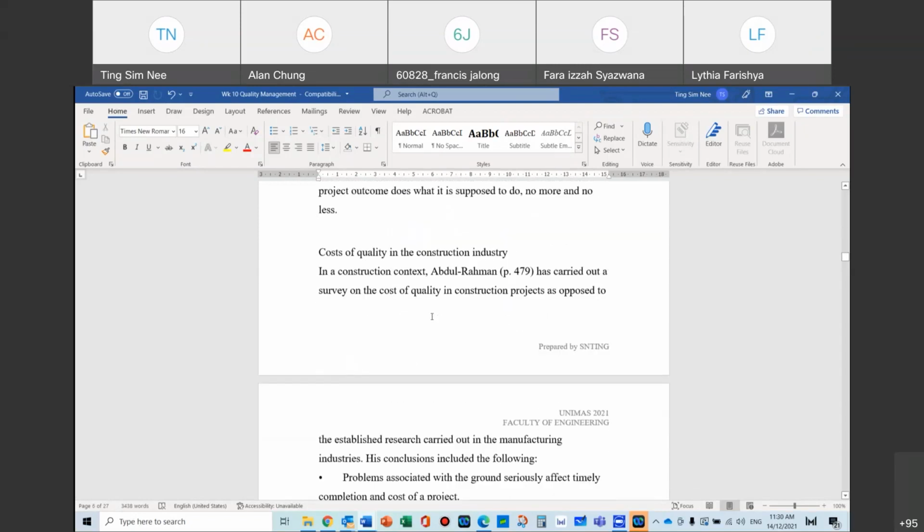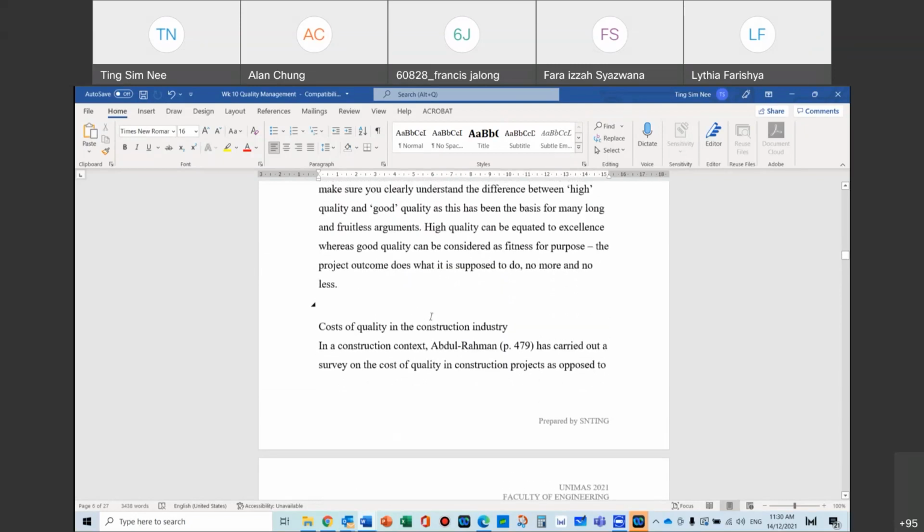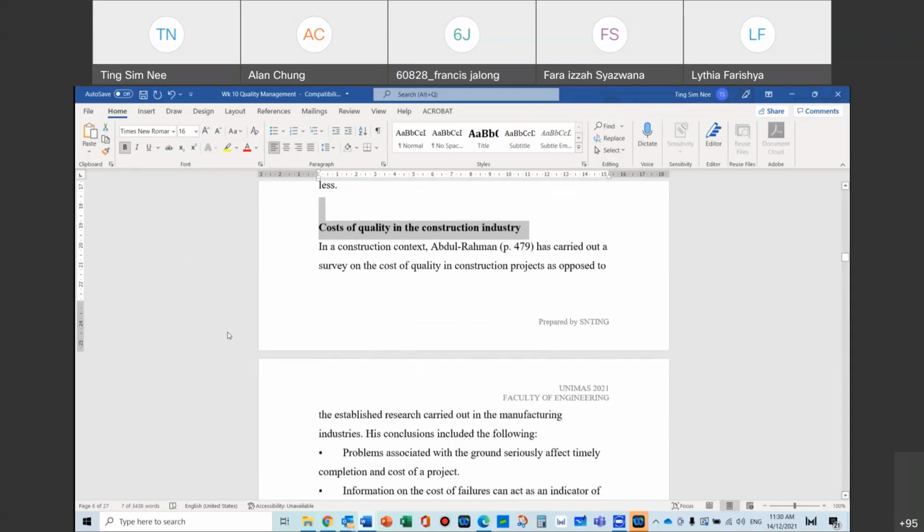So once you get that out, you have to remember why you want to manage quality. Because in project management, Dr. Ting says scope, time, cost, quality, all very important. It's not like that. Because it affects money. Quality, there's a cost of quality in the construction industry. If you produce a work that is problematic, you need to do a lot of reworking.